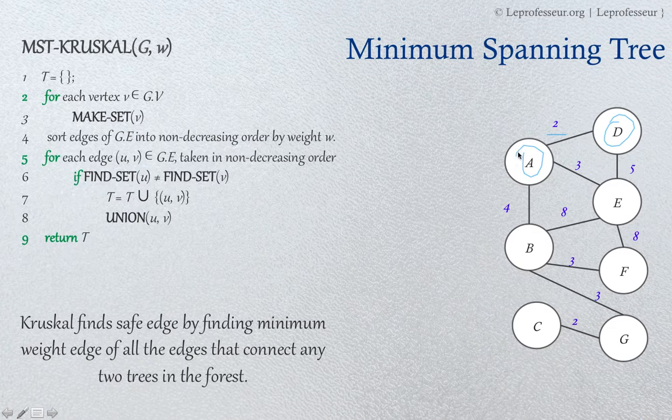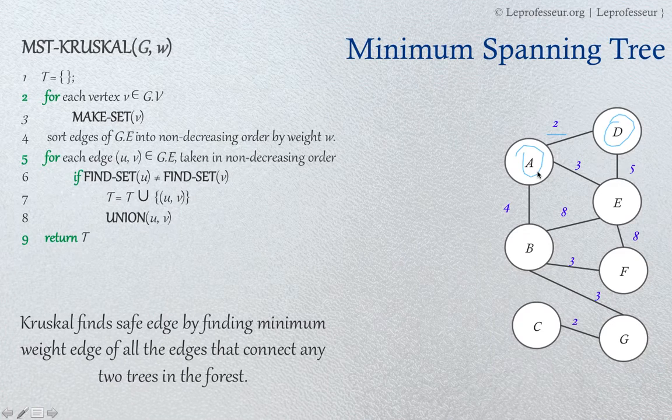So what it means is that we execute line number 6, find set U is not equal to find set V. We take a decision for both ends of this edge. Let's say the edge AD.